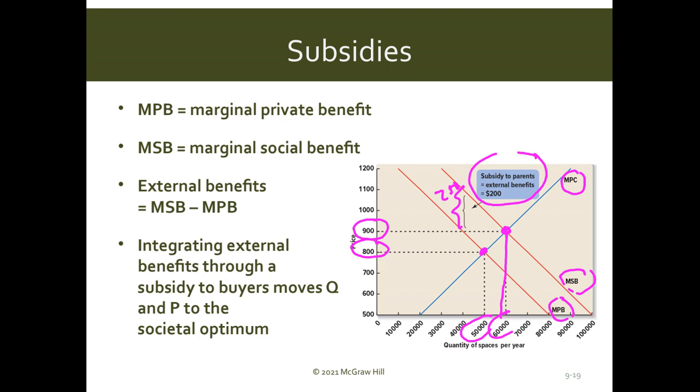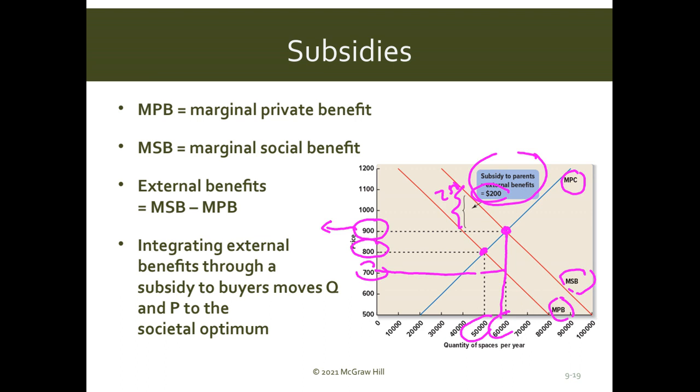But parents are not actually paying this $900. Parents are paying only $700 because they are getting $200 from the government. So parents are actually paying only $700, $100 less. They're also benefiting. This diagram is drawn in such a way that both are benefiting equally.